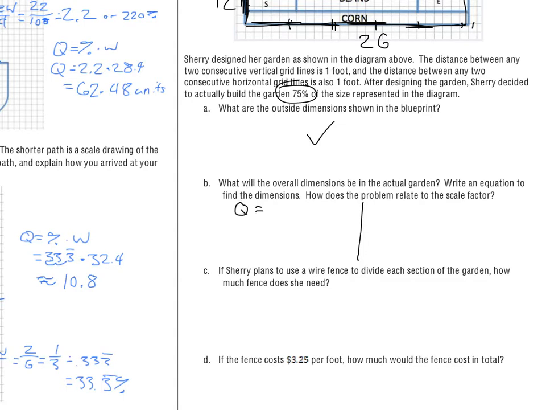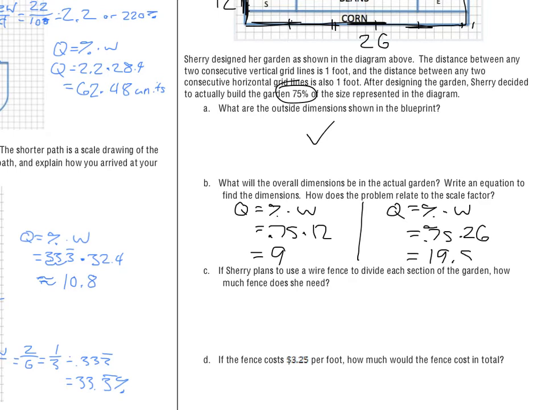Should be Q is equal to percent times whole, which is going to give me 0.75 times 12, which is equal to 9. For the 26, Q is equal to percent times whole. Again, 0.75 times 26. And that's going to give me 19.5.